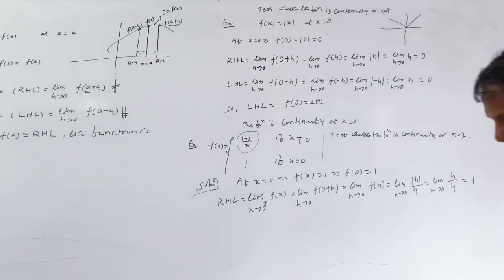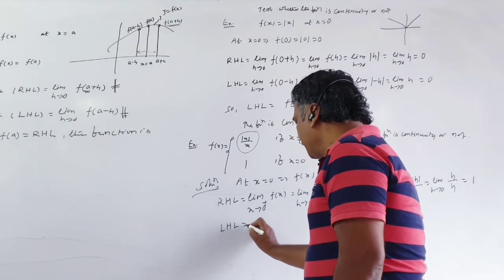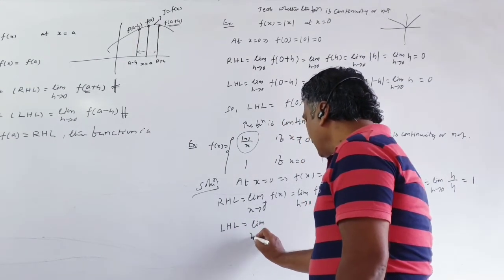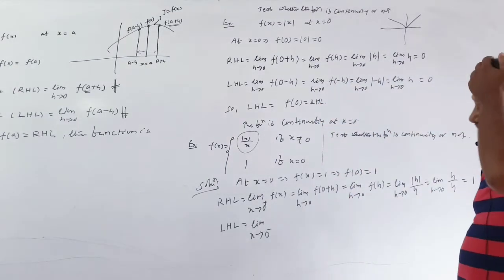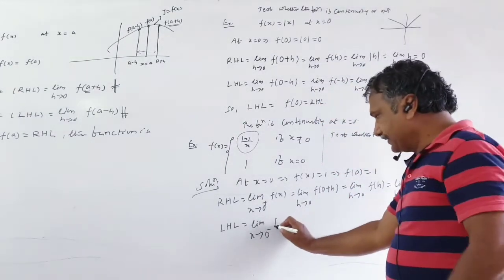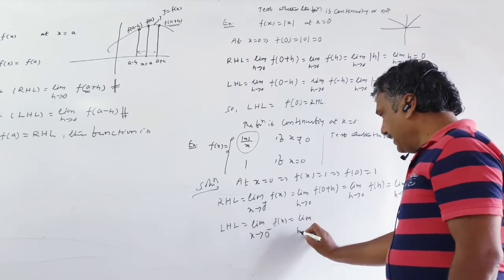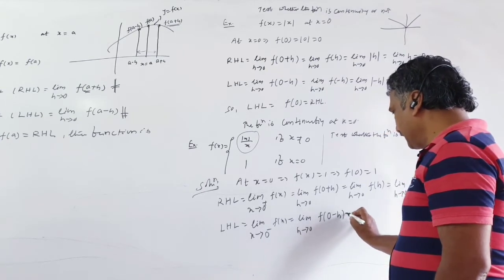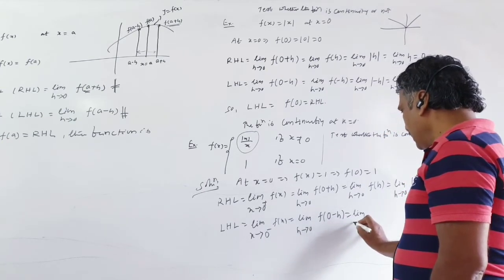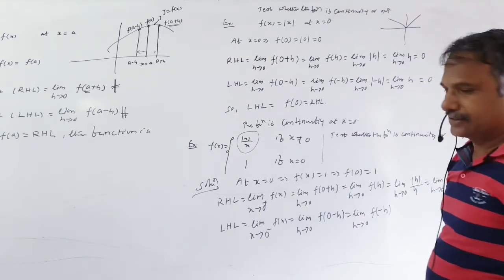Okay. Now next one is left hand limit. Now limit x tends to 0 minus. Okay. Now 0 minus f of x. Limit x tends to 0, f of 0 minus x, f of minus x.